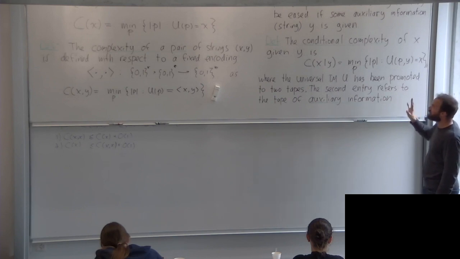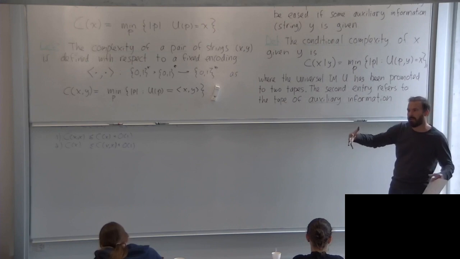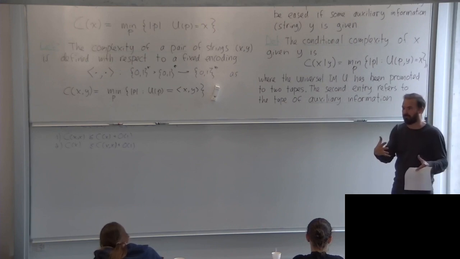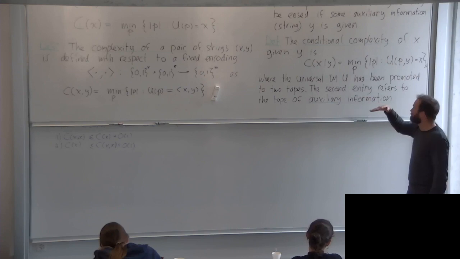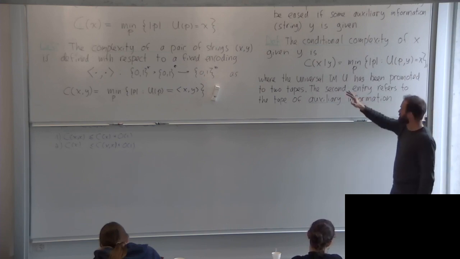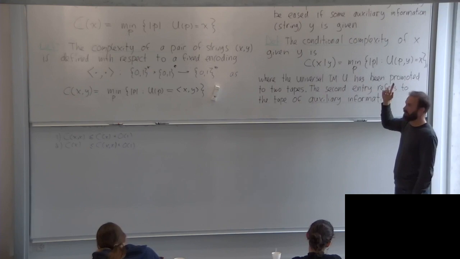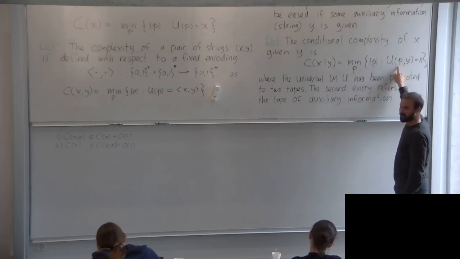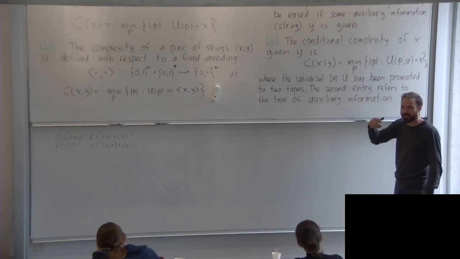at least it permits me to state somewhat clearly that the auxiliary information is not embedded into the program. It just sits on a different register. Some authors will define this with only a single tape Turing machine. But then the argument is going to be an encoding of y, i, and x.